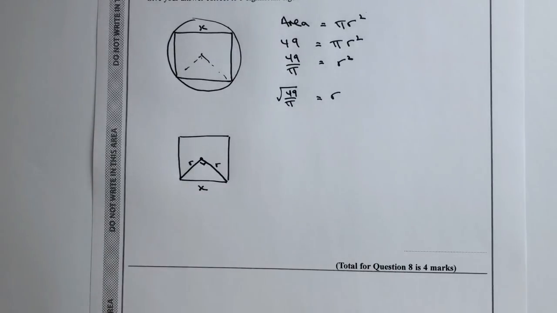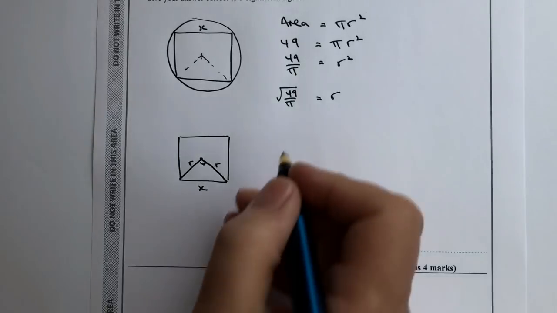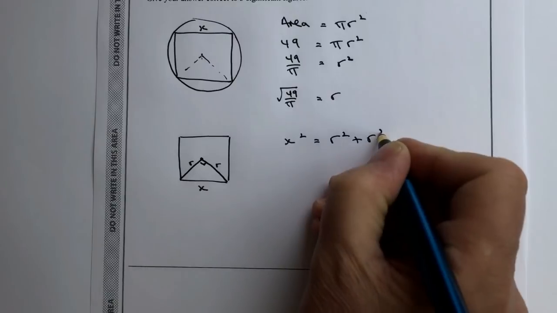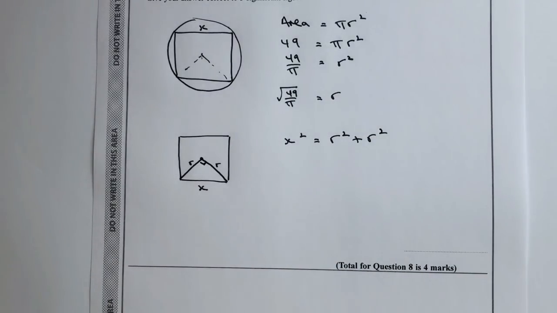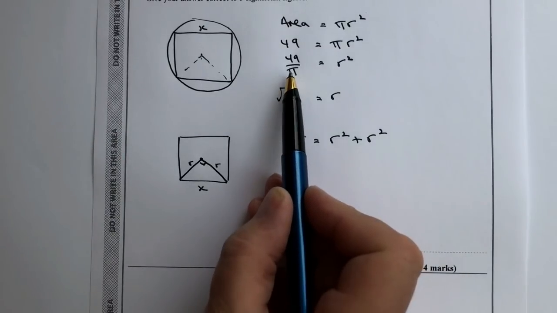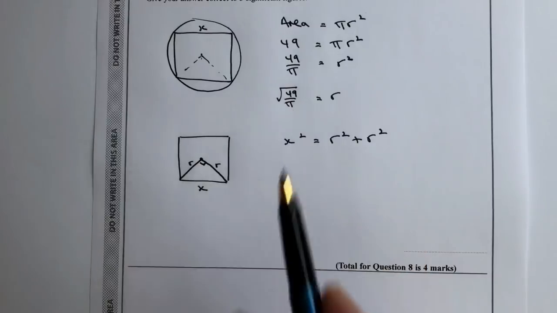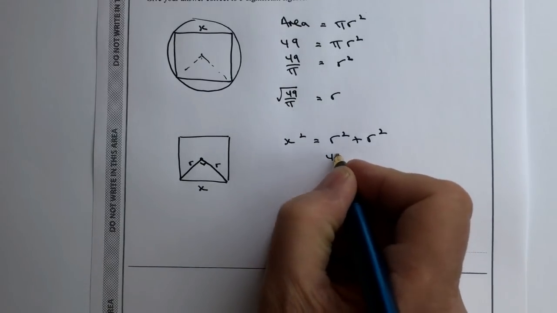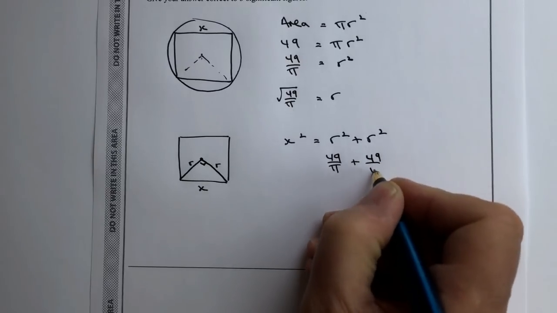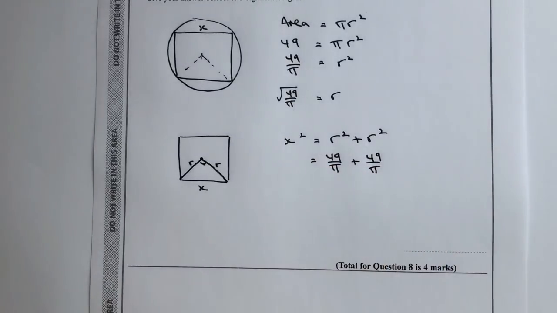Using a little bit of Pythagoras, x squared equals r squared plus r squared. We've already got r squared, so we can write 49 over pi plus 49 over pi, which are the two values of r squared.